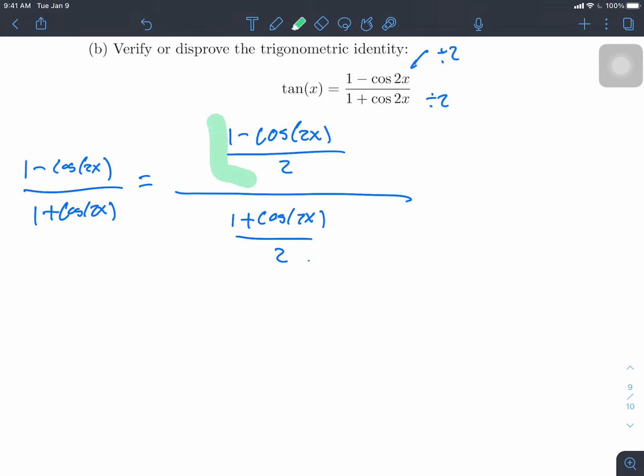And now this top thing here is exactly the right-hand side of the power reducing formula for sine squared of x. And this denominator here is exactly the right-hand side of the power reducing identity for cosine squared of x.